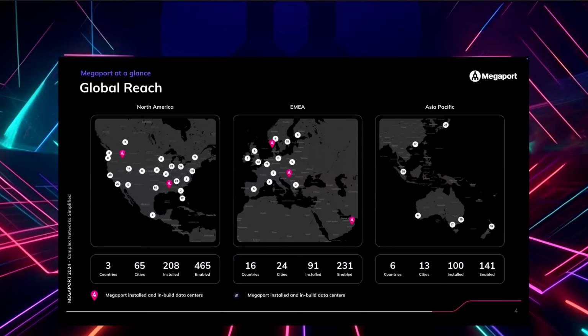And then there's an enabled location, and these locations share the same campus or metro area as a Megaport installed location. Megaport's hardware is not located within the enabled location facility, but you can access it through private intra-campus or intra-metro cross connects. And as you can see, we've got real strength, strong presence in North America, Europe, and Asia Pacific.